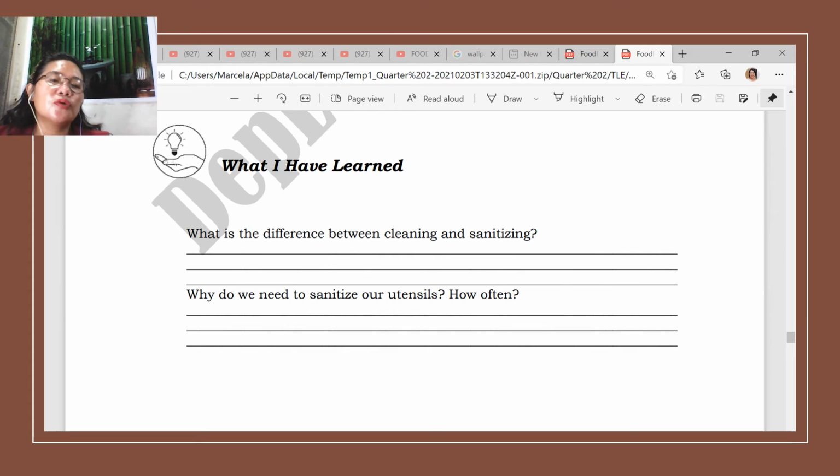Okay, so now you are going to answer this one. So what I have learned, in your own idea, what is the difference between cleaning and sanitizing? Answer this one. This is for 5 points each. Now question number 2, why do we need to sanitize our utensils and how often?